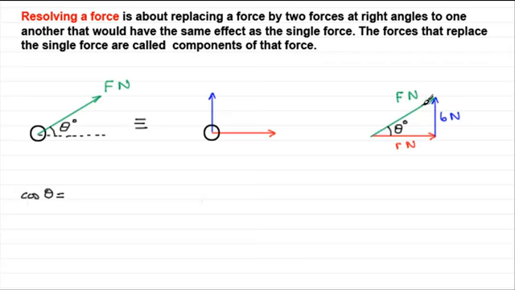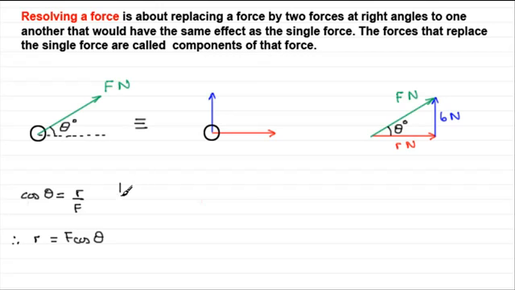The adjacent is R, and the hypotenuse we can see is F. If we rearrange this by multiplying both sides by F, we end up with R equals F times cosine theta, F cos theta for short.